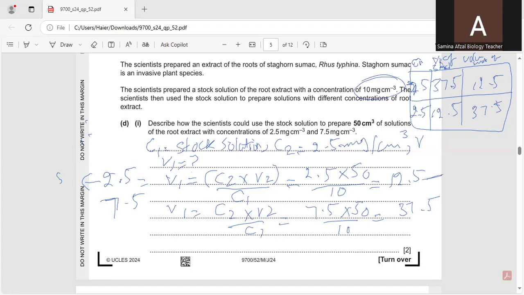This is the volume of stock, and we will add the volume of water. I hope you have understood this.